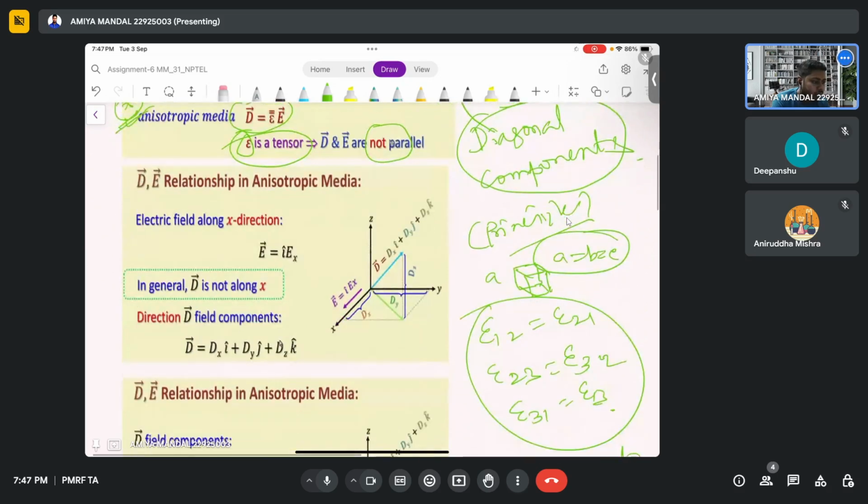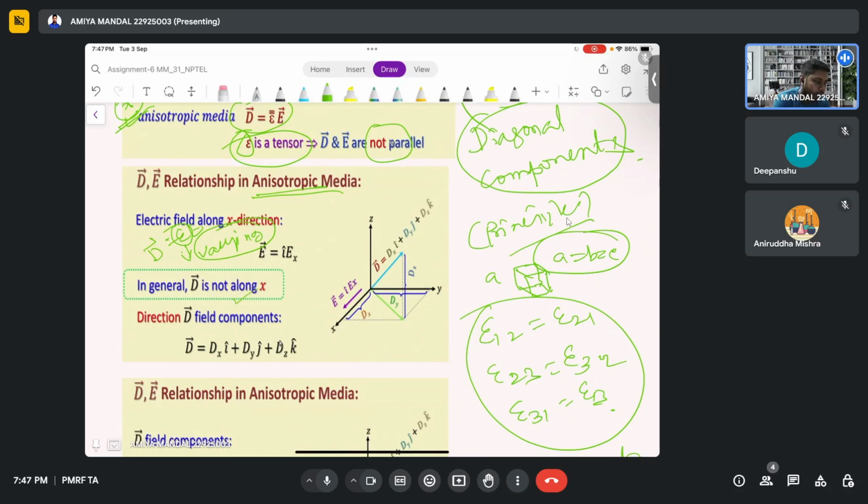So E is along the x direction, what will be D? D will vary according to epsilon into E. This is not constant, this is varying in an anisotropic material.